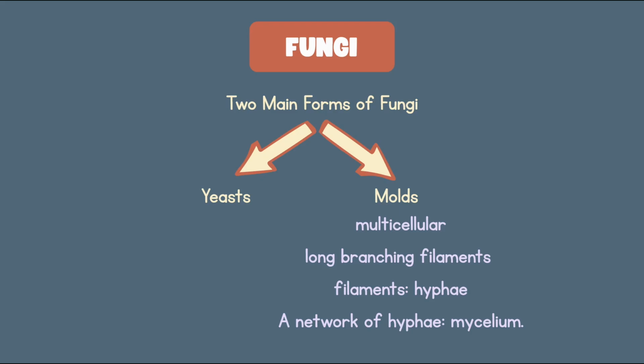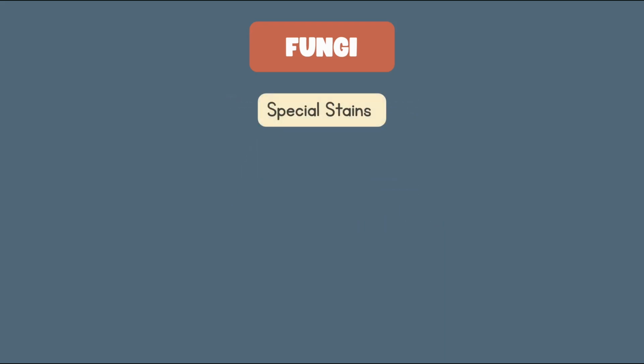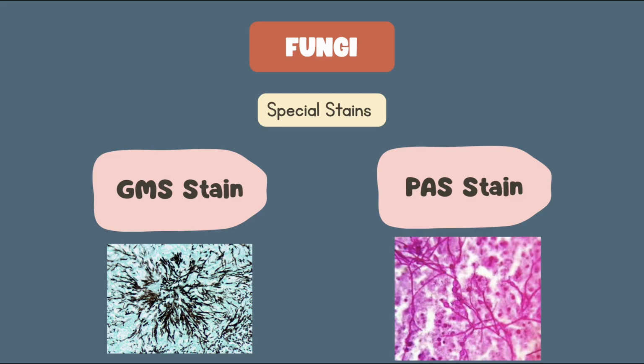So pathologists frequently use special staining techniques to be able to see fungi, and those are GMS stain and the PAS stain. For the GMS stain, we see the fungi appear black against the green background, and for the PAS stain, the fungi appear to be bright magenta or pink under the microscope.